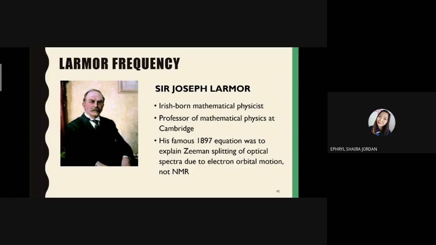And his famous 1897 equation was to explain the Zeeman splitting of optical spectra due to electron orbital motion. Initially, this equation was not intended for understanding NMR.